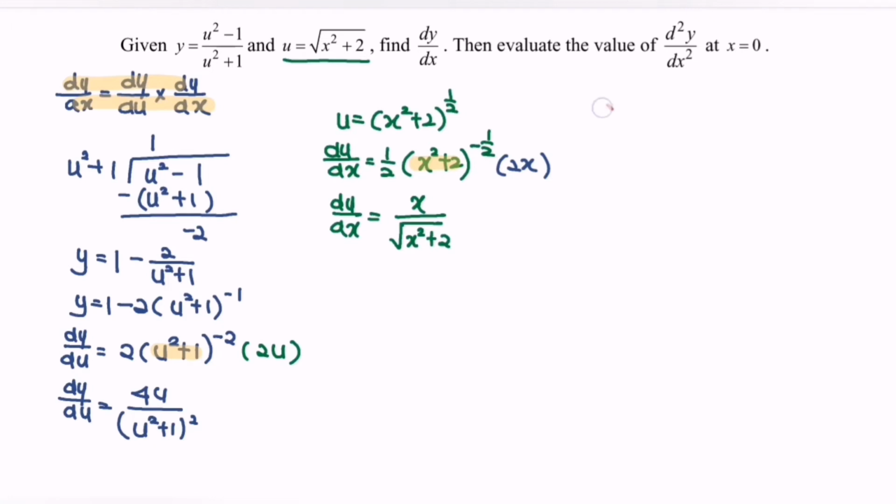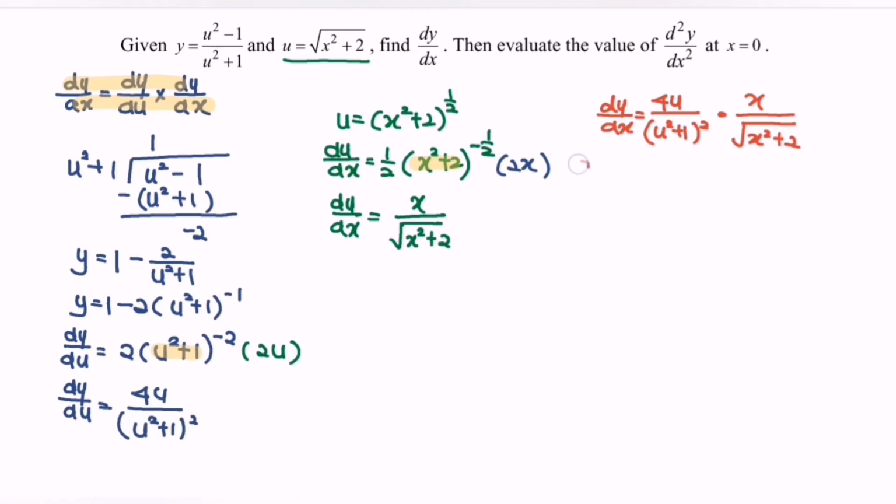So we will have dy/dx equals dy/du, where we have 4u over u squared plus 1 to the power of 2, multiplied with x over the square root of x squared plus 2. Do remember, u actually equals the square root of x squared plus 2.